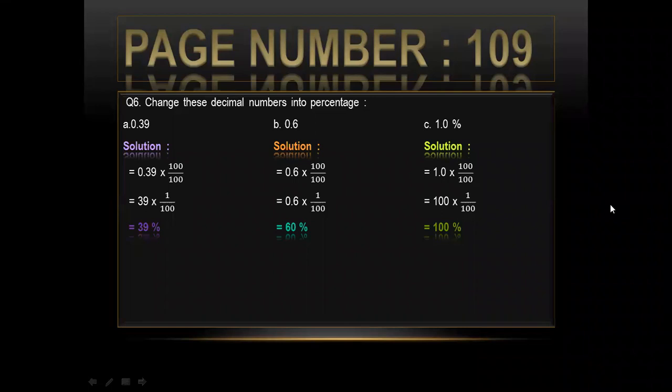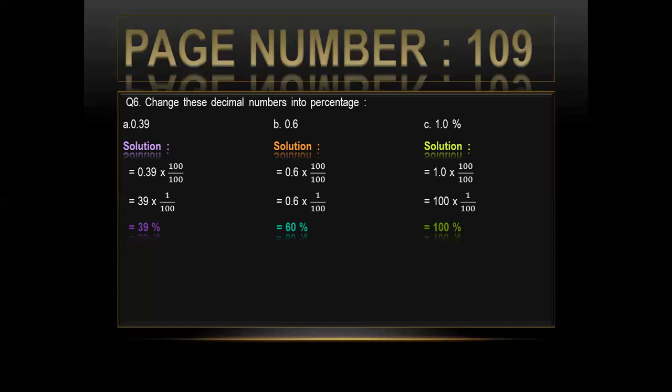Question number 6. Change these decimal numbers into percentages. Now decimals are given. We remove the decimal and write it in fraction form, and then we convert into percentage. 0.39 means we write it as 39 over 100, and the denominator 100 will be changed into percentage. 0.6, we multiply and divide both numbers by 100.